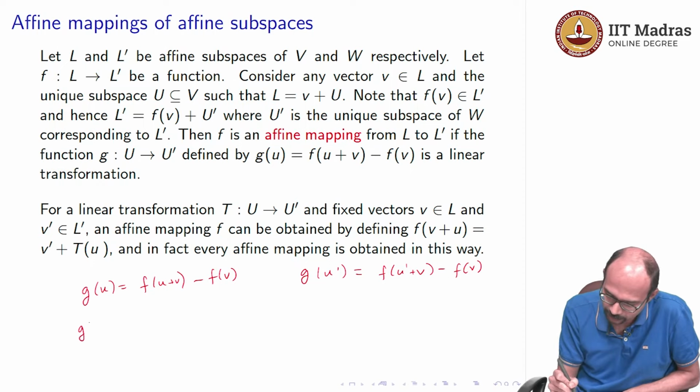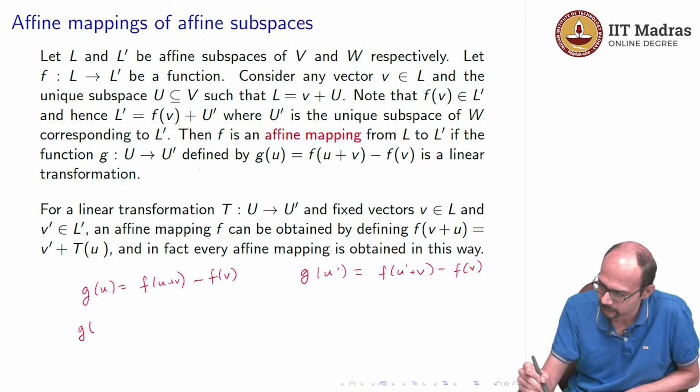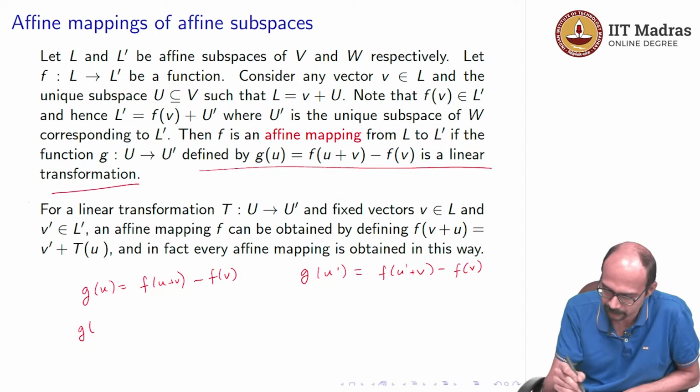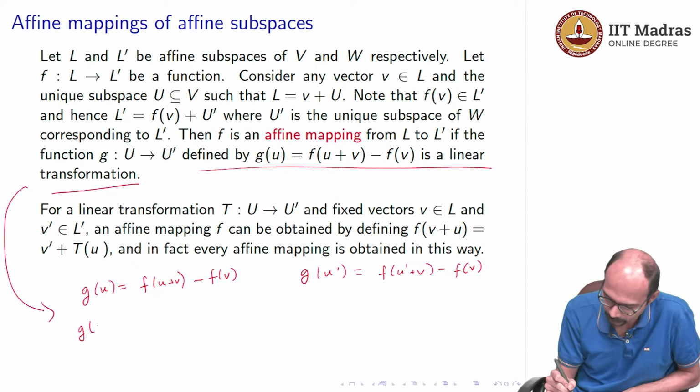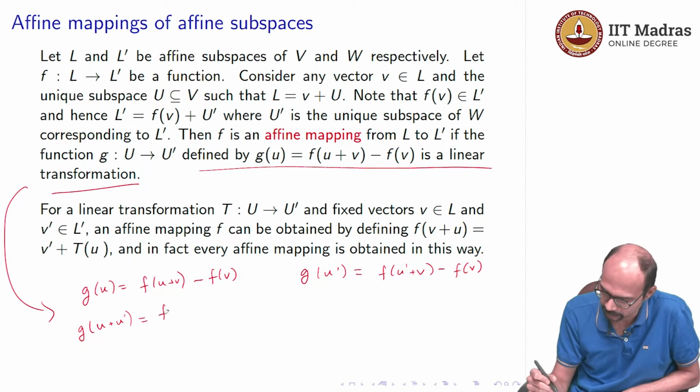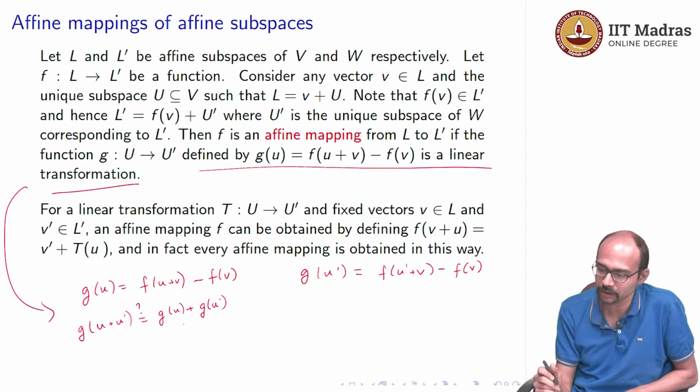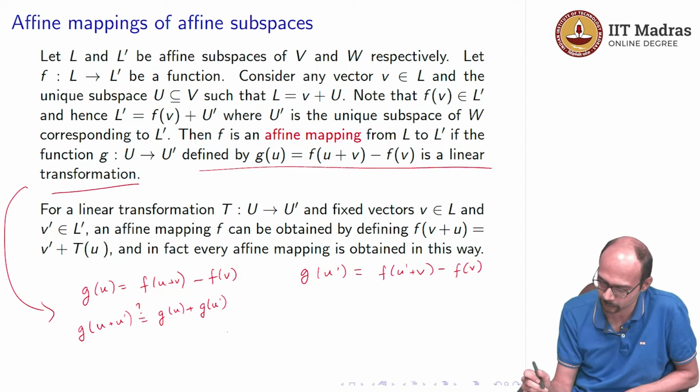I am trying to explain what this statement means. I want that g of u plus u prime is equal to g of u plus g of u prime, right? This is one of the things that I need for it to be a linear transformation.